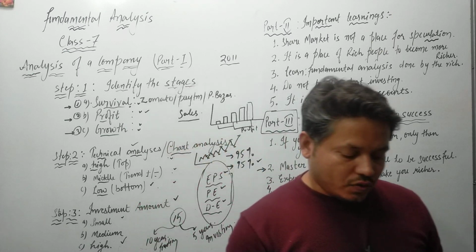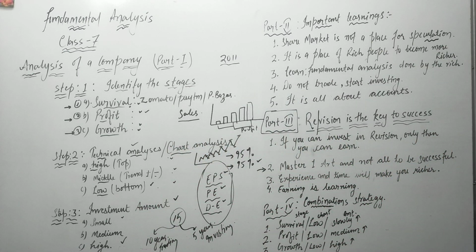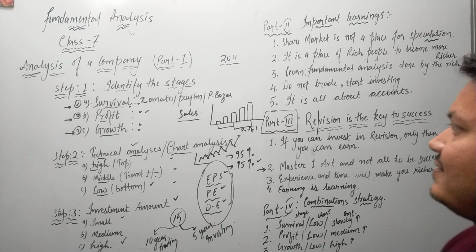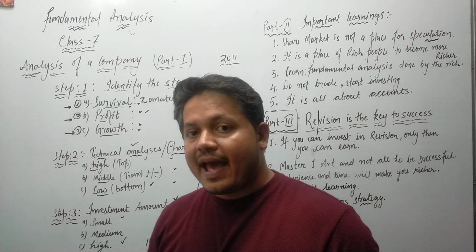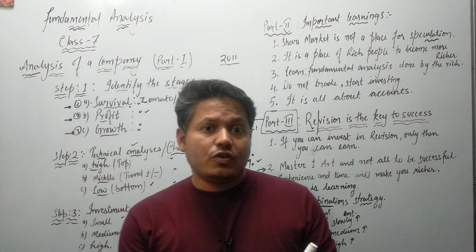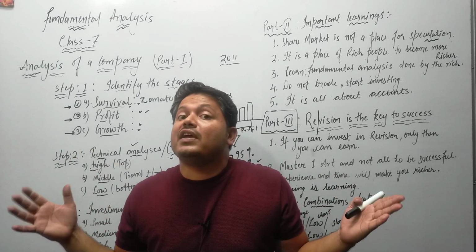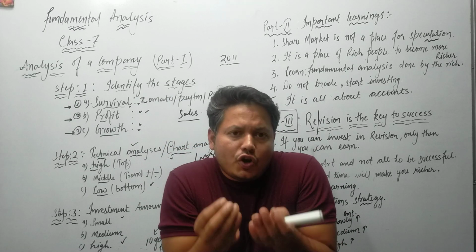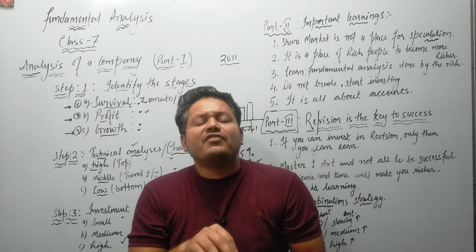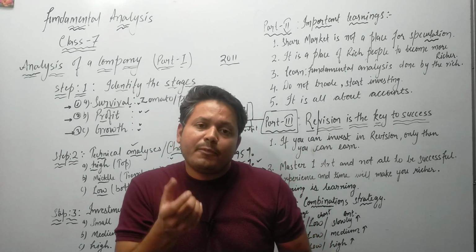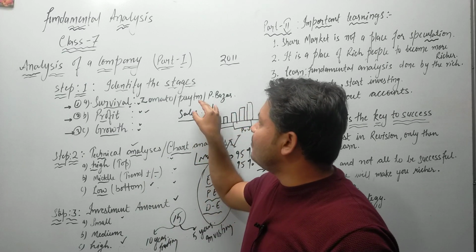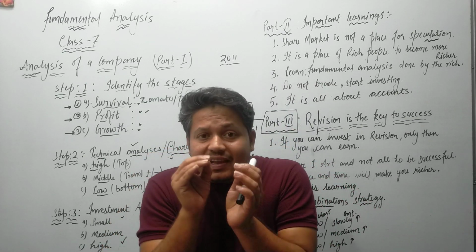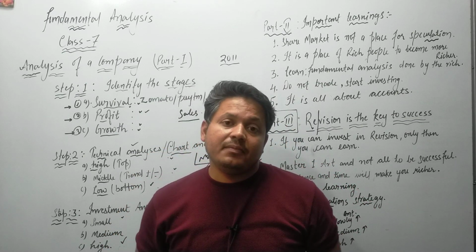Okay, so the most important part is to understand the stages, and along with the stages also, you cannot invest heavy amounts when the company is in survival stage. You may not know whether the company will survive or not. Like Paytm, the Paytm is not able to survive yet.